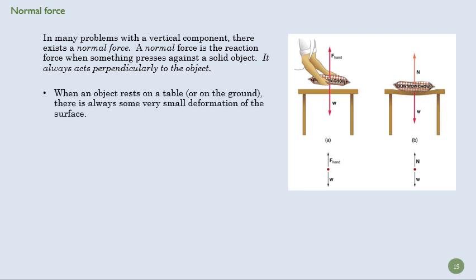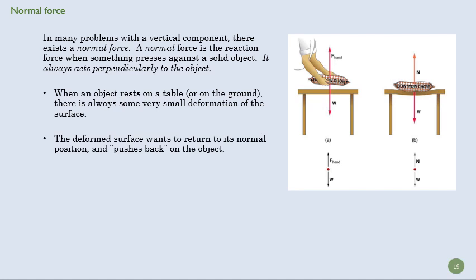What is the normal force? Well, when something rests on a table or on the ground or against any surface, there's some small deformation of the surface. Even if it's solid steel, there's going to be a small deformation. And that deformed surface wants to return to its normal position, right? So you can see this bowed table here. Once I lift that bag, it's going to return back to its straight, nice surface. But it wants to do that the whole time. It's pushing back up on the dog food, trying to get back to its home spot.